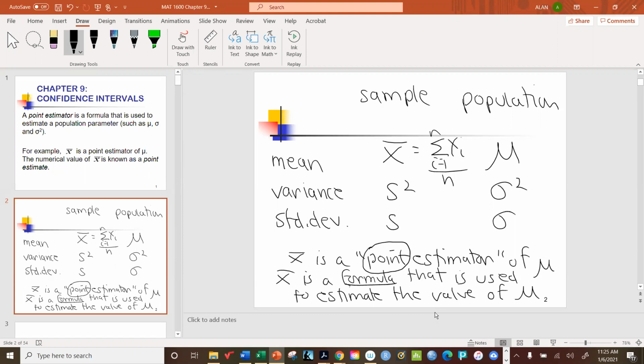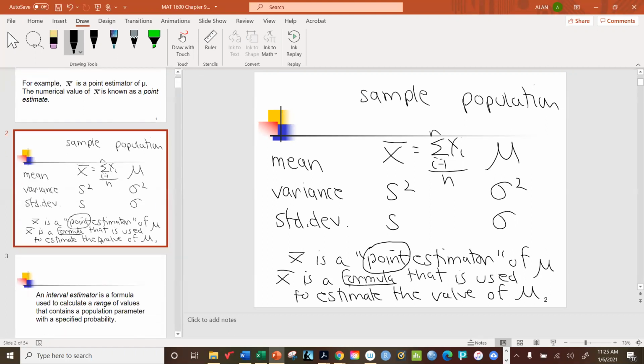Well, that's what this chapter is all about. So a point estimator means this is a formula that is designed to give us an estimate of a specific measure, like the population mean. It'll be a single number. We do the same thing, by the way, with the variance and standard deviation, but we're not going to cover those here.